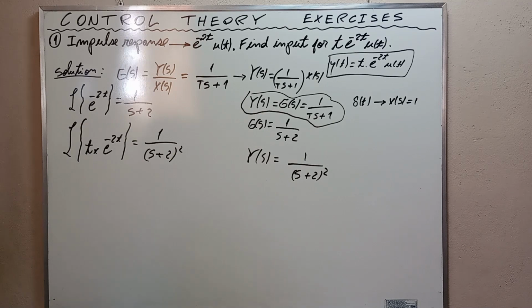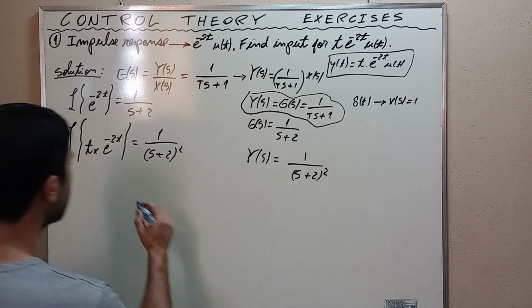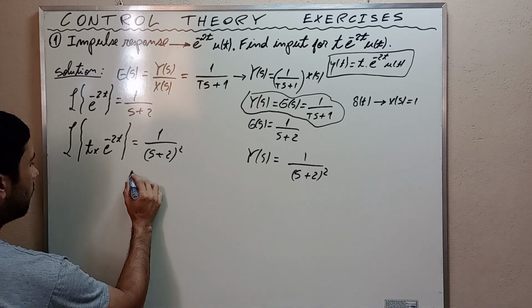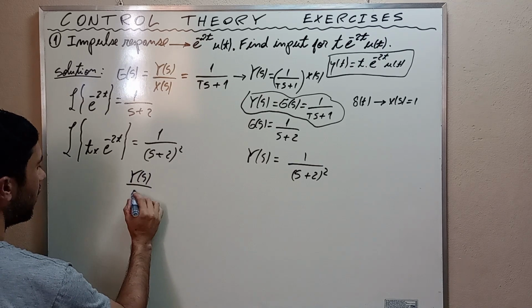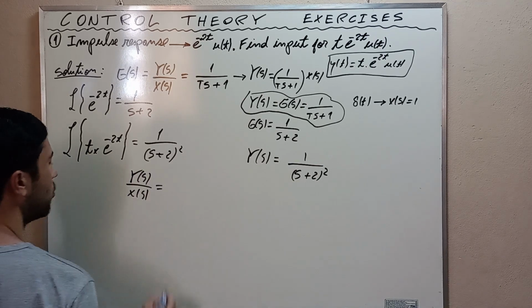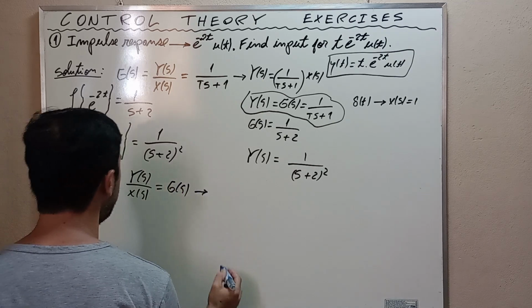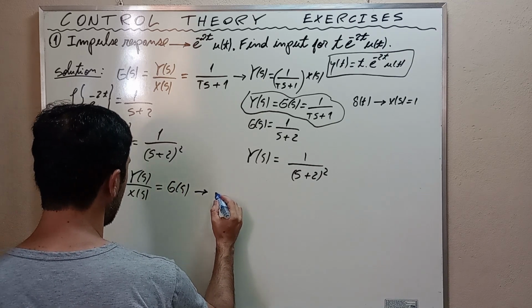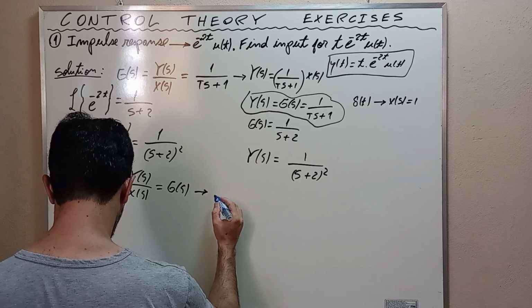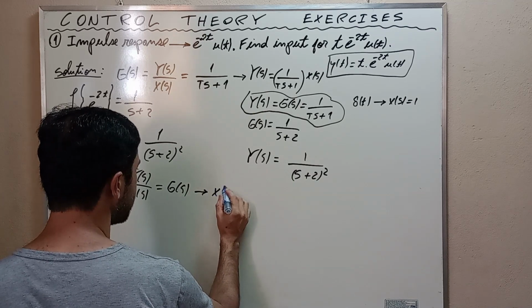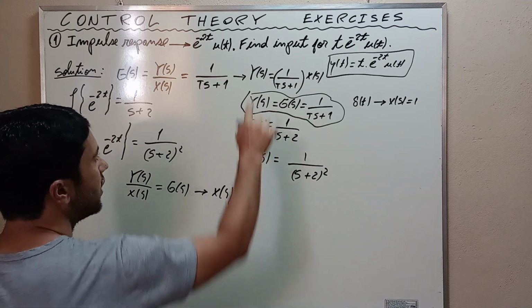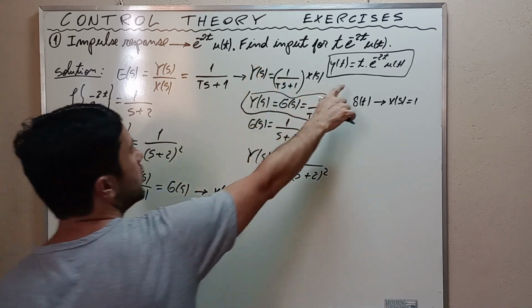Now returning to the transfer function, we obtain that Y(s)/X(s) is equal to G(s). Consequently, the exercise wants us to find the input that produces this.